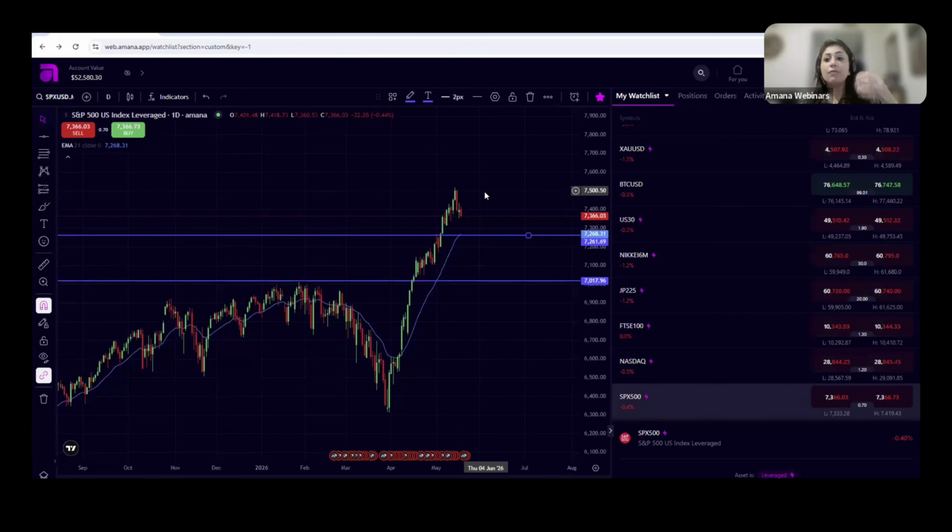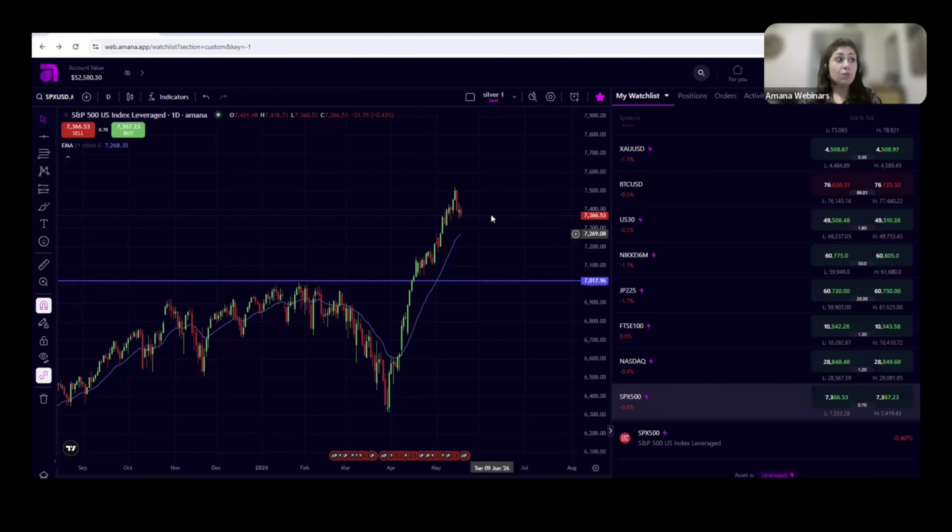But then again, we have to look at small things. We have to look at the strength of the formation. Like I was saying, is it a nice looking engulfer with a big range? Is it a long tailed candle? Does any further bullish price action follow that, or compound it? So these are the things we have to pay attention to. And if we get such an entry, it would definitely be a great trade.